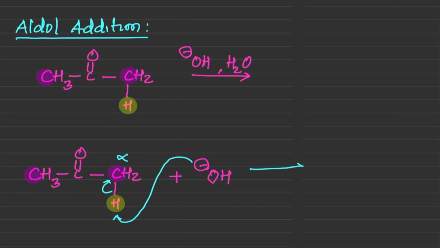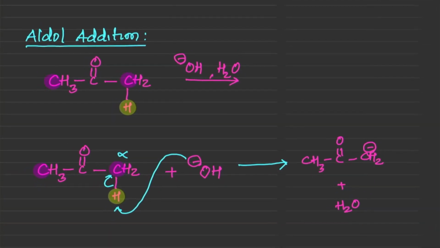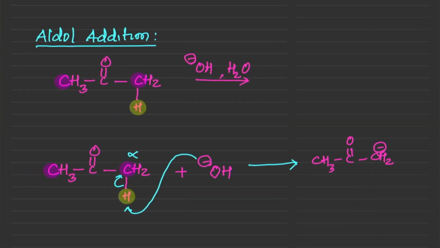So let's draw the product here. We will make CH3, CO, CH2 minus. And what was the byproduct? The byproduct was water, plus water.